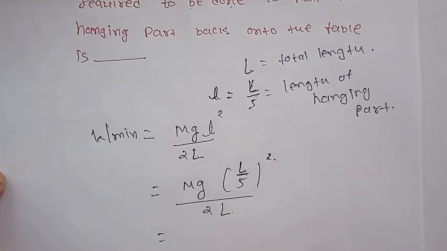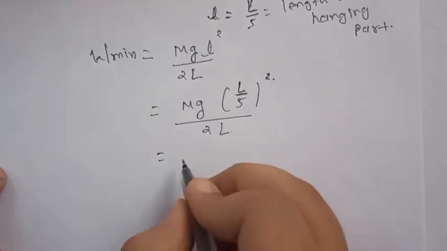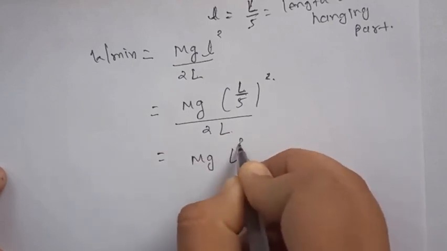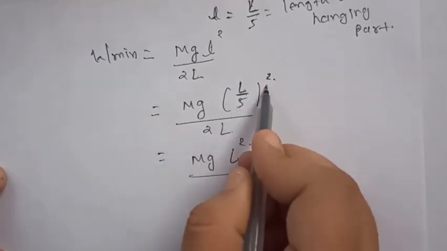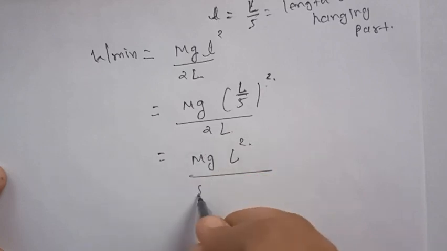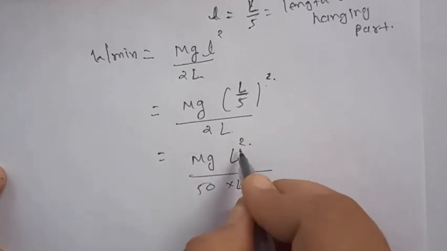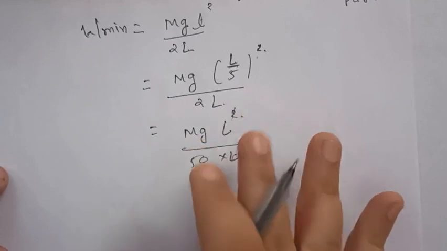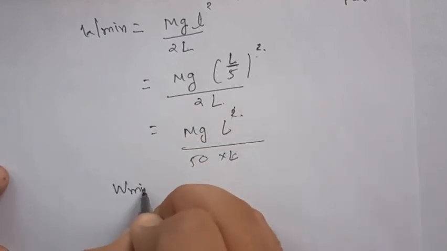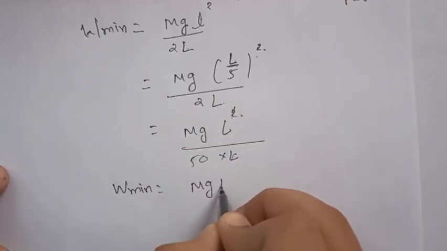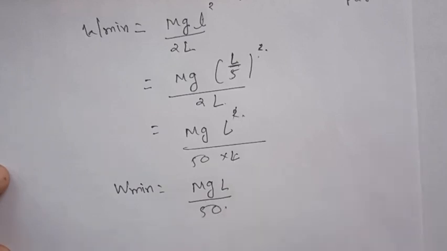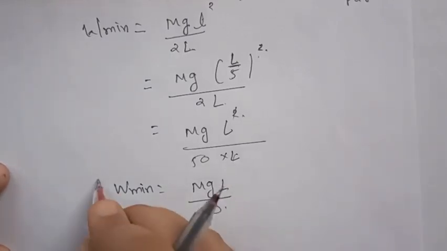So mg L square divided by 5 square, 25, into 2, 50, into L. And L will get cancelled out. So the minimum work done will be mgL by 50. So this will be our final answer.